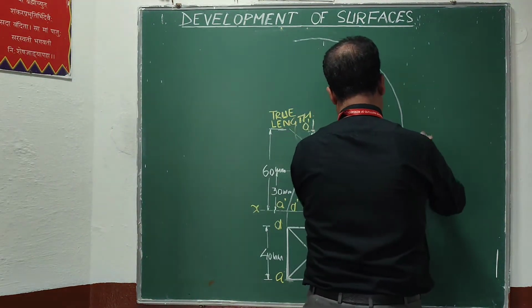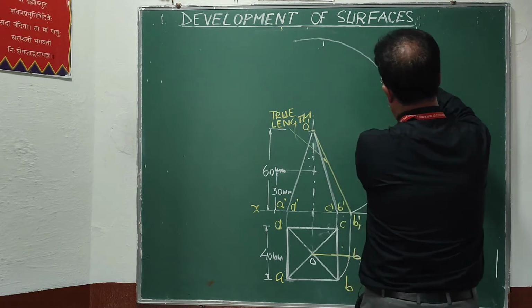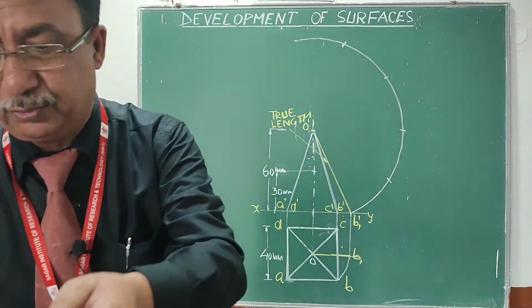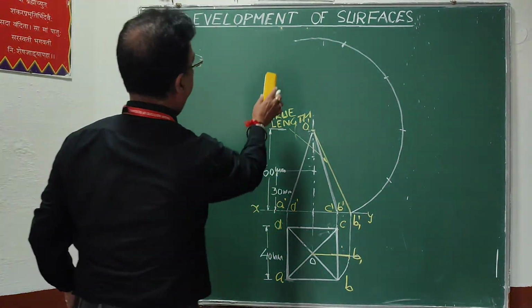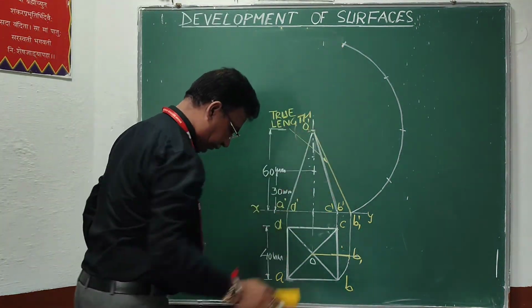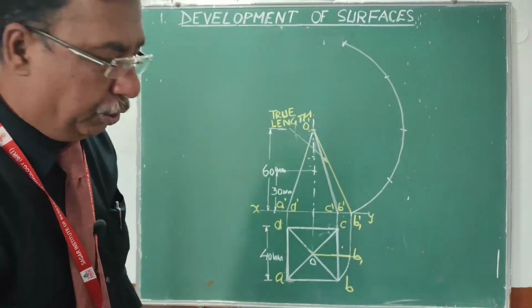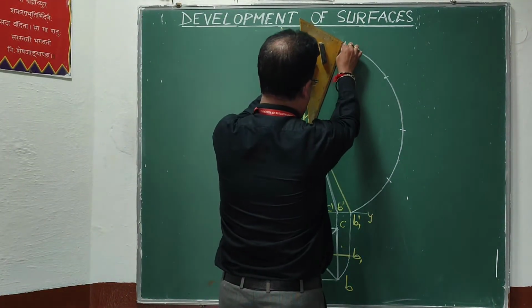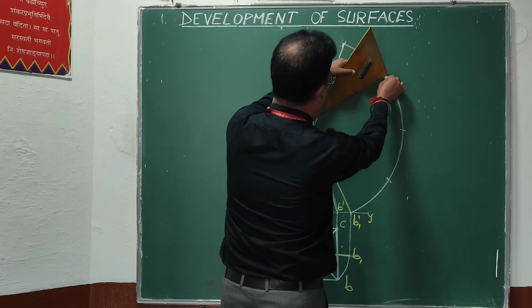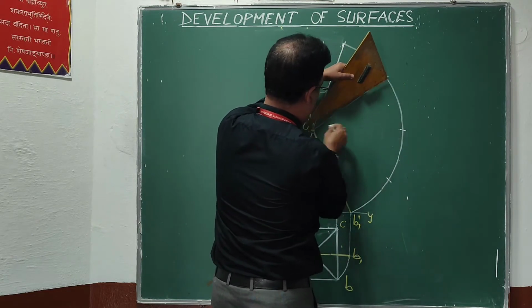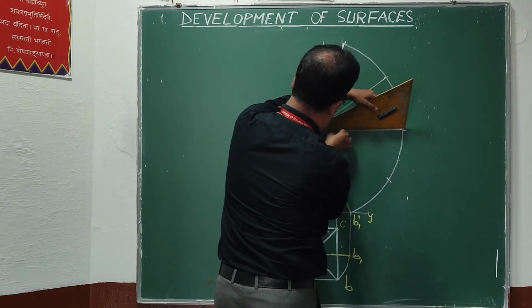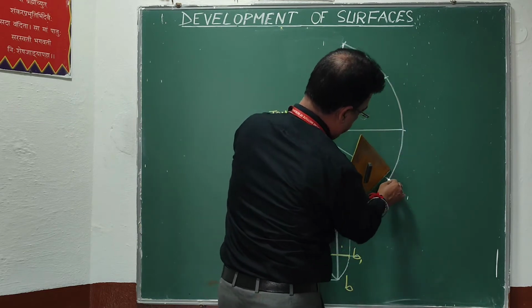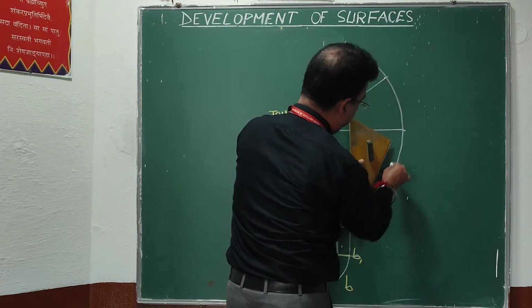Now, I will start marking 1, 2, 3 and 4. As you know, in the case of square pyramid we are going to get only 4 triangles. Now, join all these points with O dash, and join these points by straight lines.